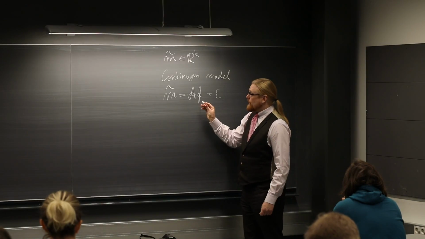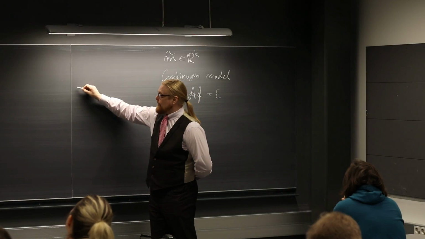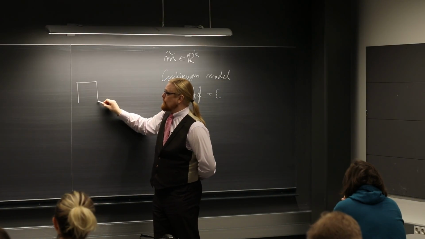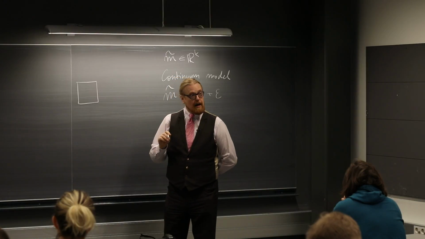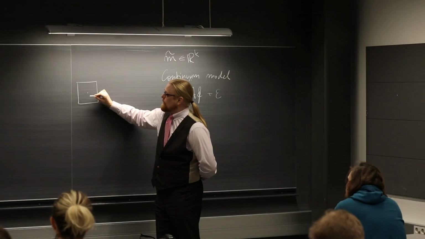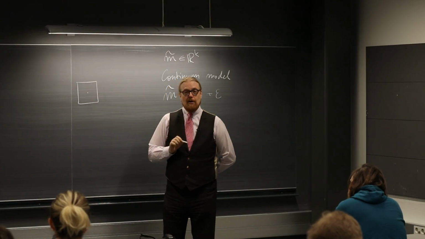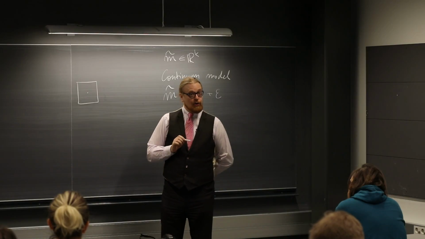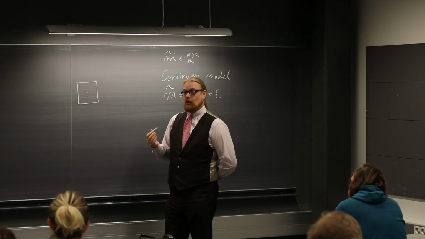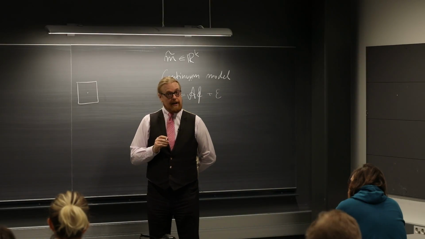But the continuum model in our case is, you may remember how we were talking about misfocusing a camera. So what happens if we are taking a picture of, let's say, a dark surface where there is just one bright spot. If we focus the camera perfectly, we get a picture with a very small dot there.